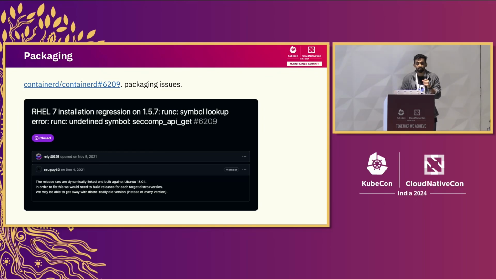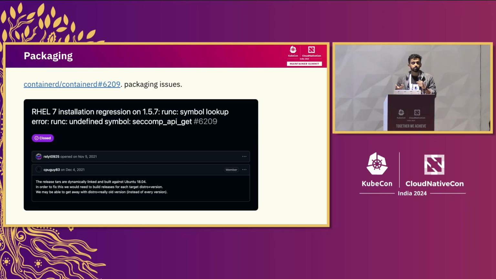Earlier, containerd used to package runc along with it, and the containerd package was depending on one version of runc, and this version of runc depended on a particular version of libseccomp. Most of our testing happens on Ubuntu, and this issue happened in RHEL 7 because the libseccomp package was different from what containerd expected, and some of the symbols were missing.